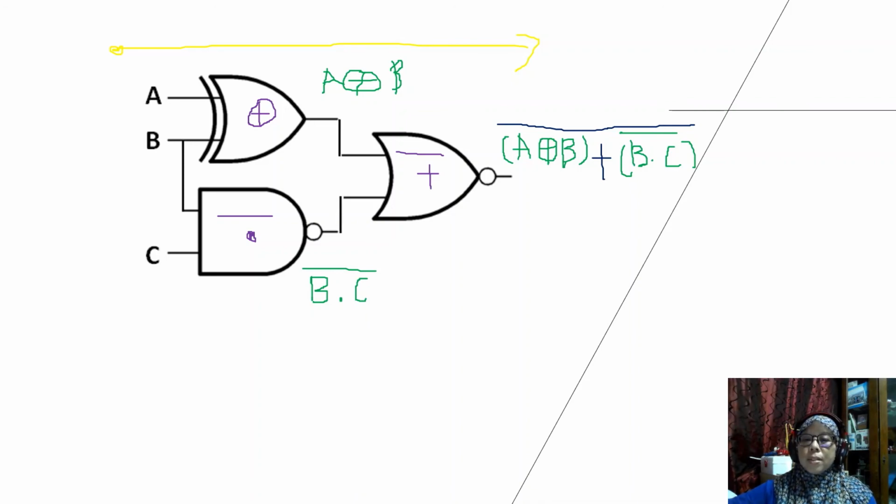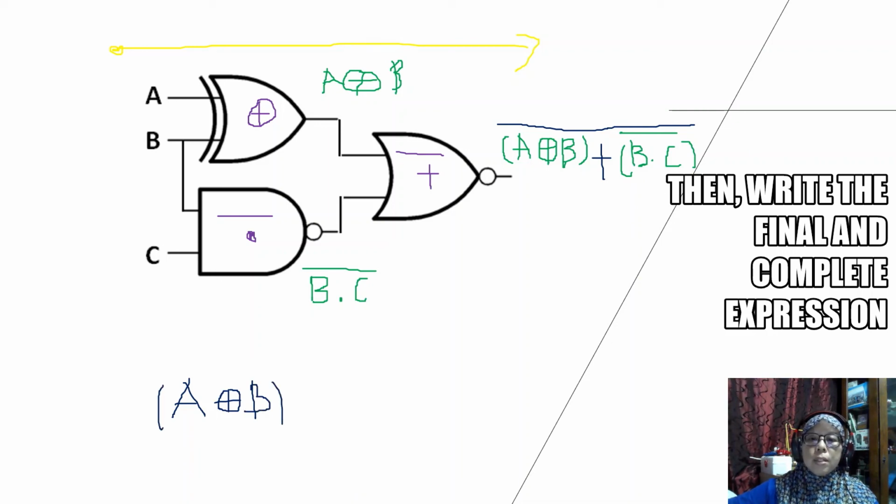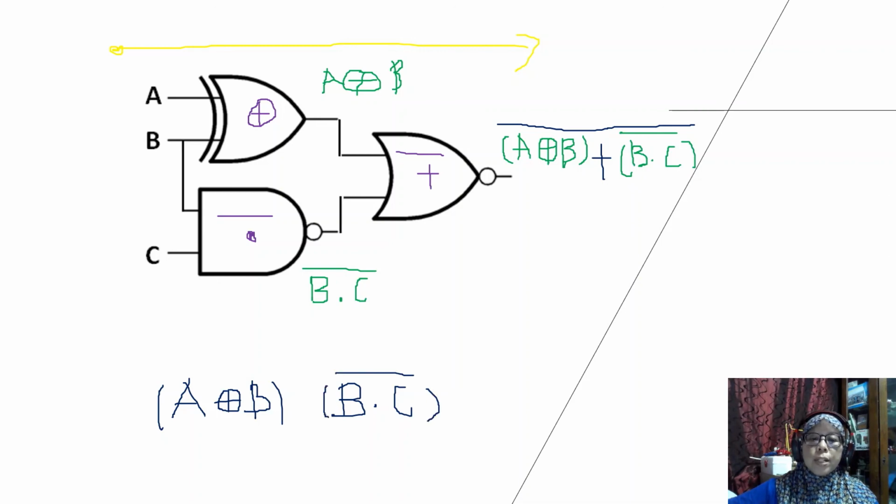Right? Dan tiada output dilabelkan, so your final answer should be A exclusive OR B. Ini berlaku terlebih dahulu, and then not B and C, dan kesemua ini dihubungkan dengan NOR. Right.